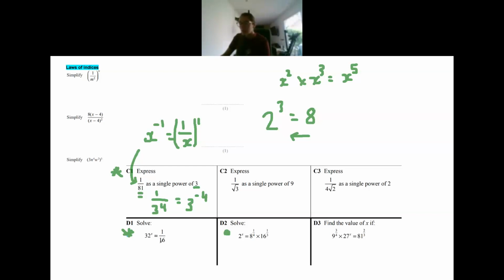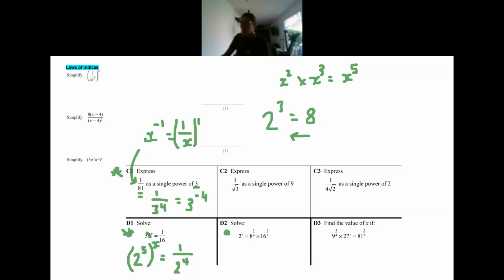But what we can do is make the base number 2. 2 to the power of 5 is 32. So I'm going to change 32 to 2 to the power of 5. The 1 over 16, I'm going to write 16 as 2 to the power of 4.